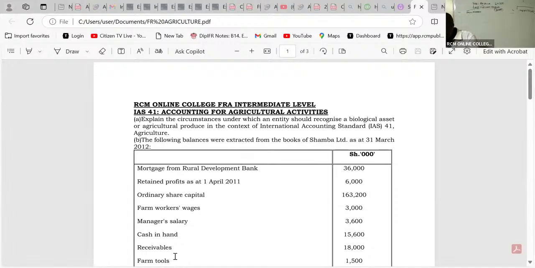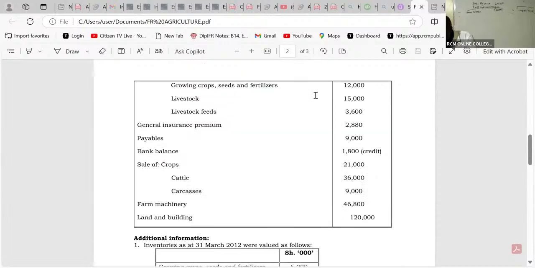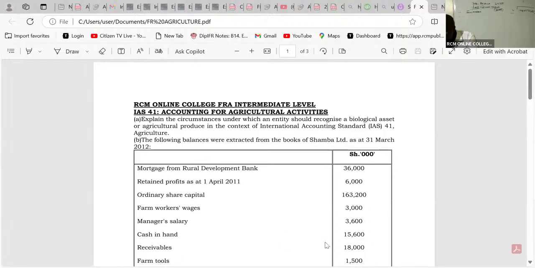So in this case, ladies and gentlemen, go to note number 3. What have they told us here? Valuation of farm tools as at 31st, 2012 was 1,200. And then, of course, you can see in the trial balance, the farm tools are worth 1,500. And we have done fair valuation of 1,200.